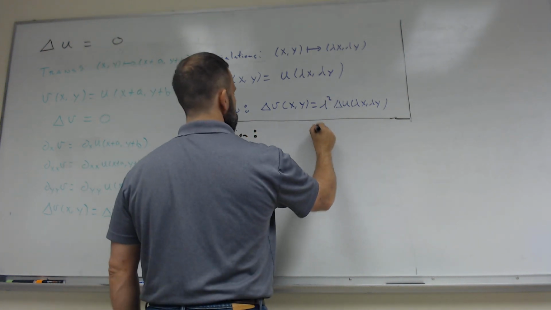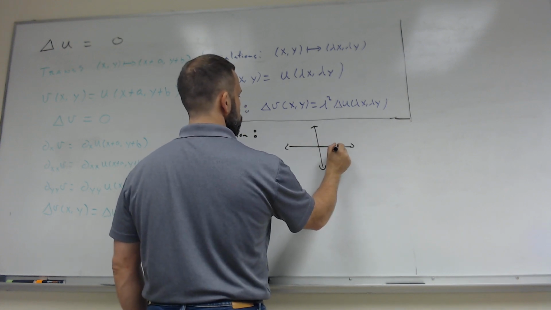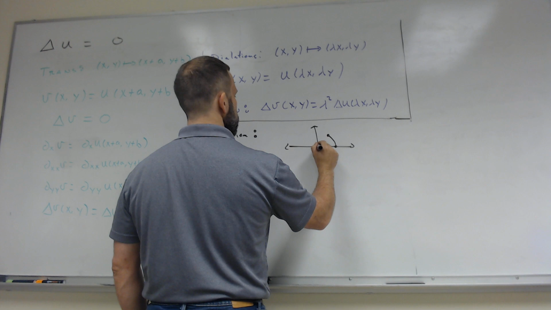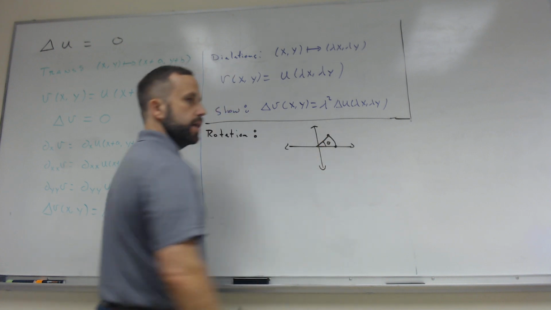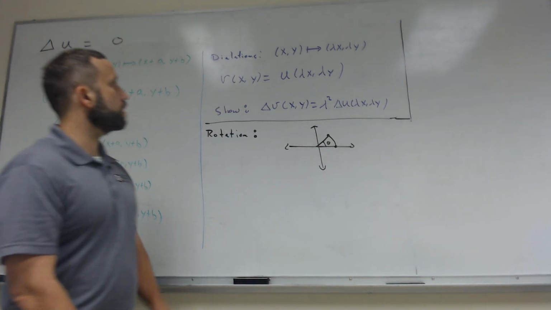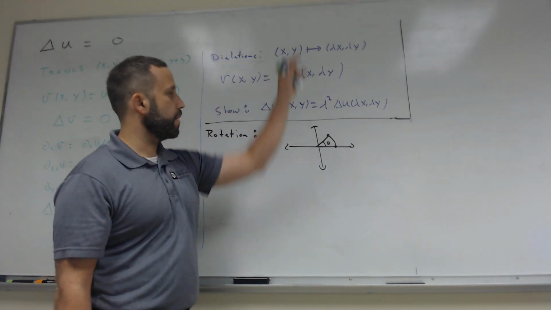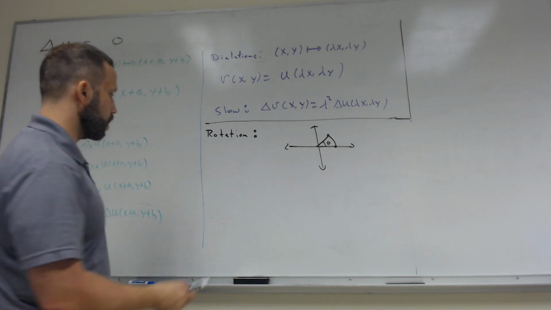Rotations are also a linear transformation, where it takes a vector in R2 and rotates it theta degrees, or theta radians. So we have this vector that's getting rotated to that vector there. Okay, and so the formula for these transformations are pretty easy. The formula for rotation is a little more complicated.